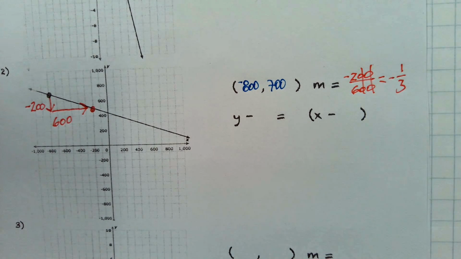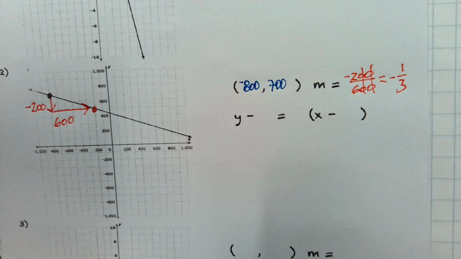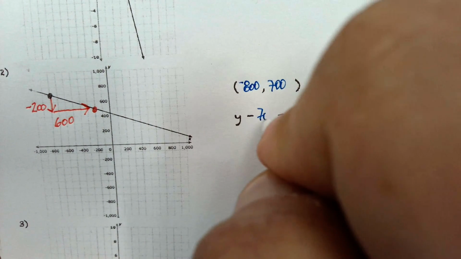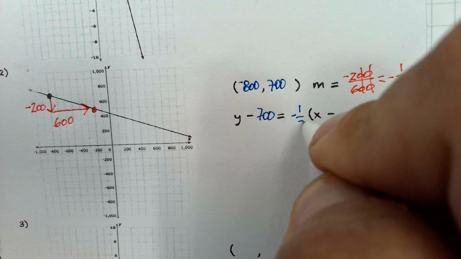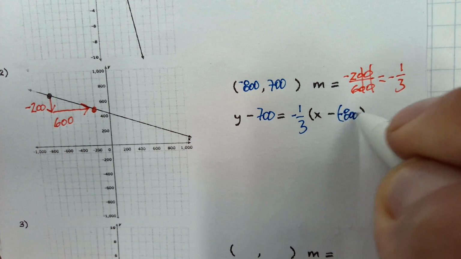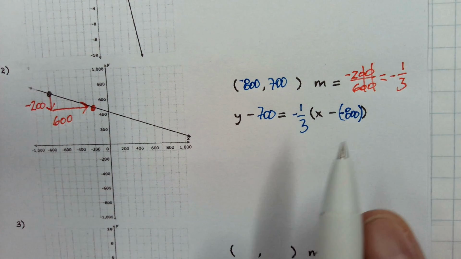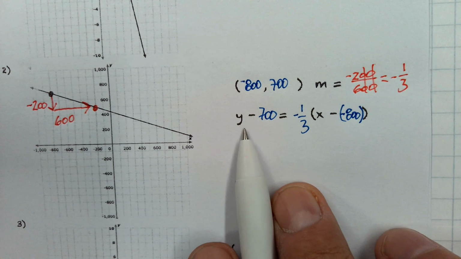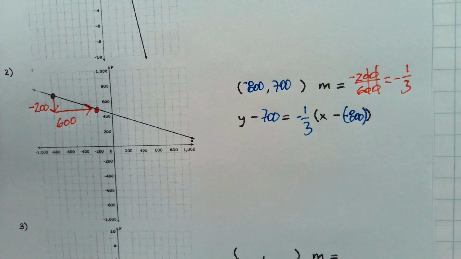So now just plug everything in. Just plug it in, we'll simplify it later. So what that means is just put in the numbers. So we're going to put in 700 here, negative 1/3 here, and here I'm going to put negative 800. Okay, so just put in the numbers as is. Y minus 700 equals negative 1/3, parentheses, x minus negative 800.